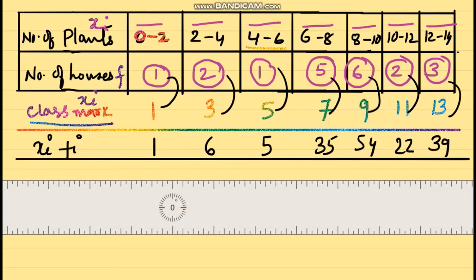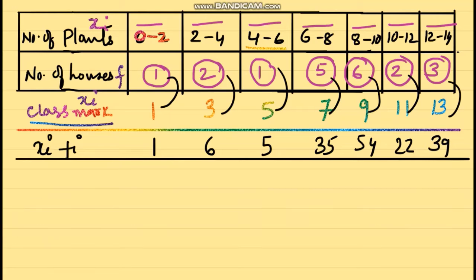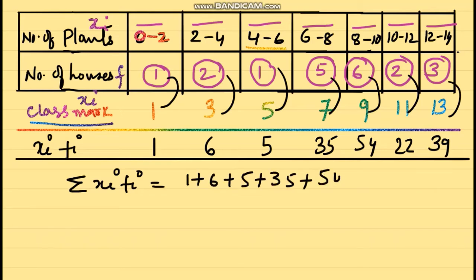So children, here you have to find the sum of all these numbers, that means the sum of xi fi. Sum of xi fi means 1 plus 6 plus 5 plus 35 plus 54 plus 22 plus 39. Now let us see how much you are going to get. 1 plus 6 is 7. 7 plus 5 is 12.